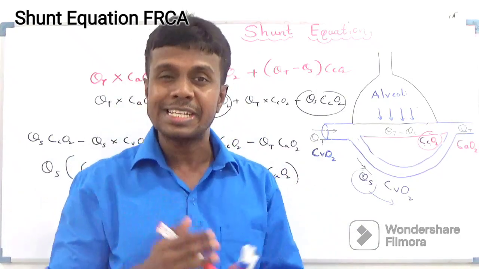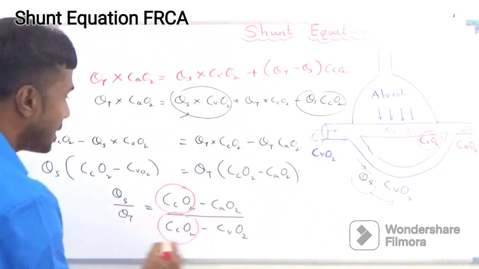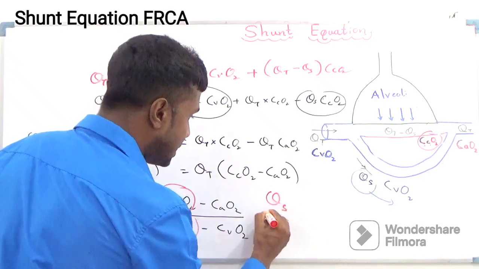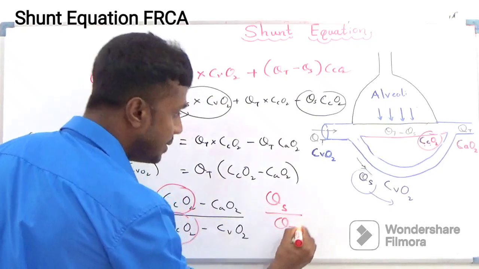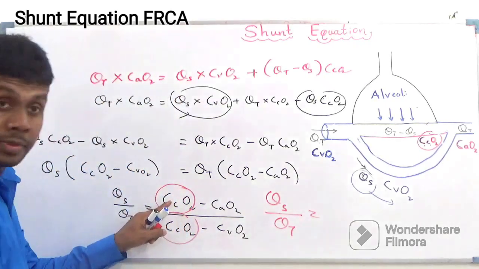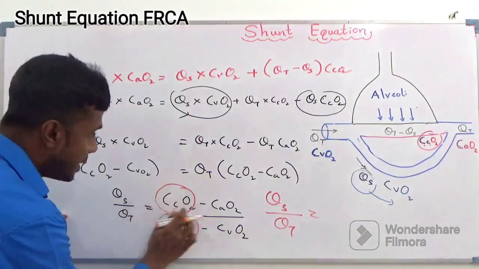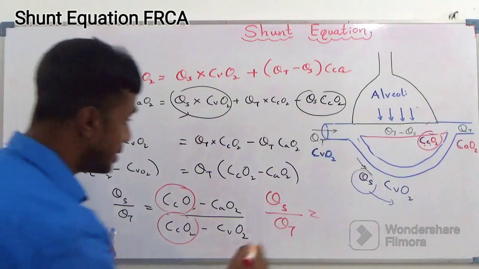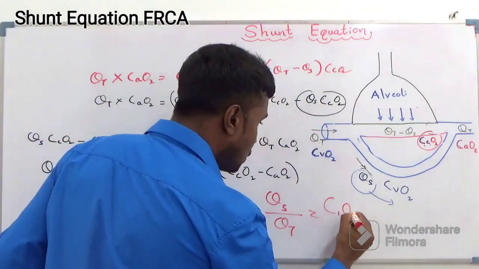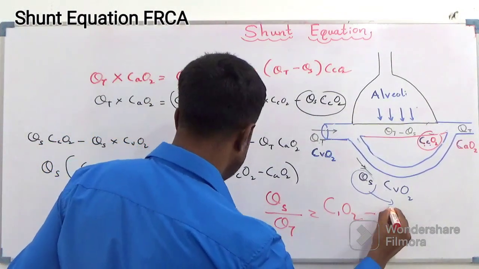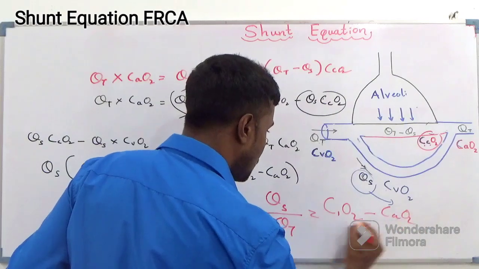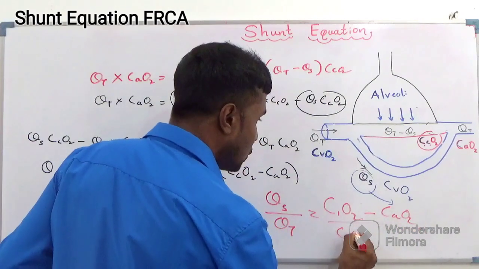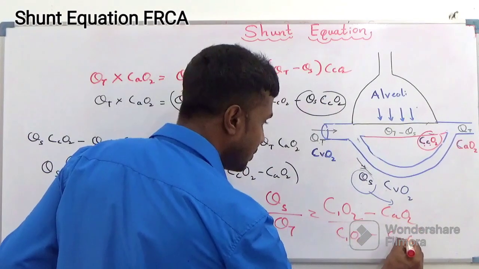I am going to rearrange the equation now. So QS over QT equals, for this term, I put the amount taken from the alveolar gas equation, CiO2 minus CaO2 divided by CiO2 minus CvO2.